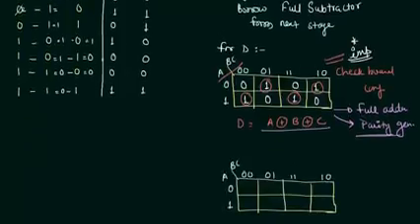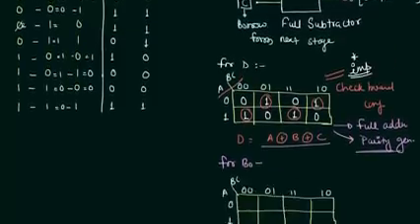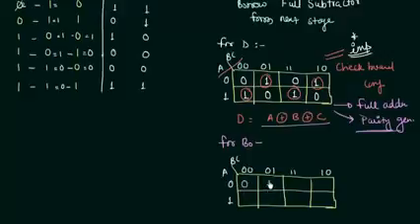Now it's time to fill the K map for your output borrow, and it is 0 1 1 1. So we are having 0 1 1 1 and 0 0 0 1. So let's make the grouping in this. The first group I will make is of these two ones, the next one is for these two ones, and the last one is this one and this one.